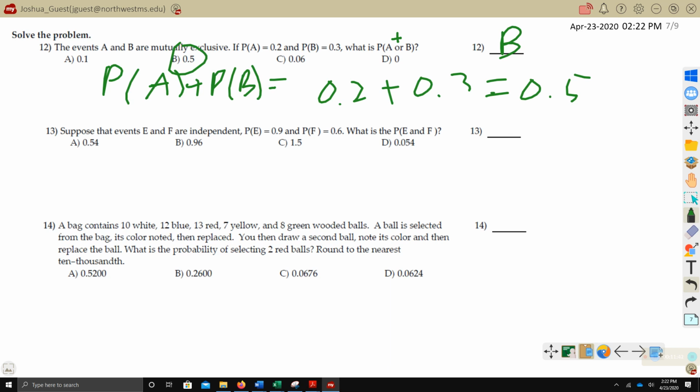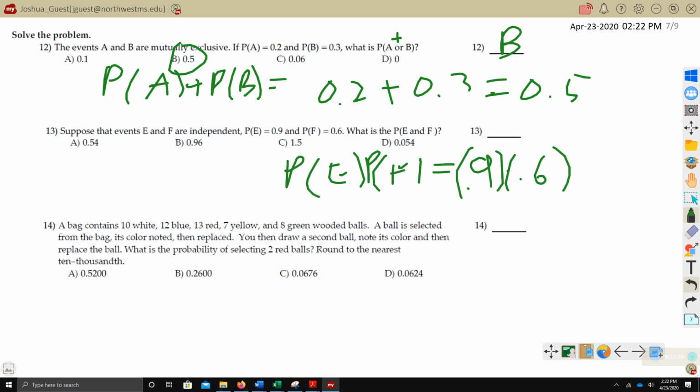So 13, suppose that events E and F are independent, and again, if you have an and with independent events, you just multiply the two together. So this is going to be P of E times P of F, which is 0.9 times 0.6, which is 0.54, I believe.